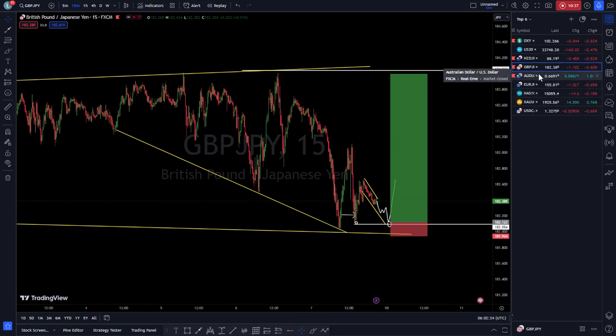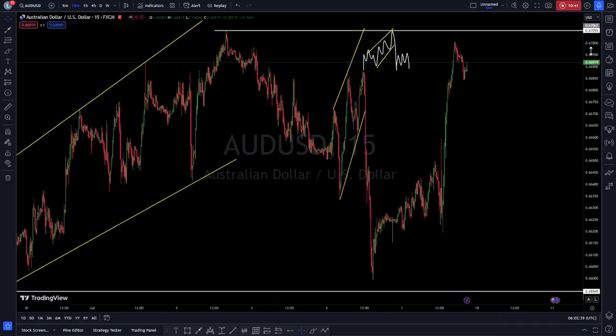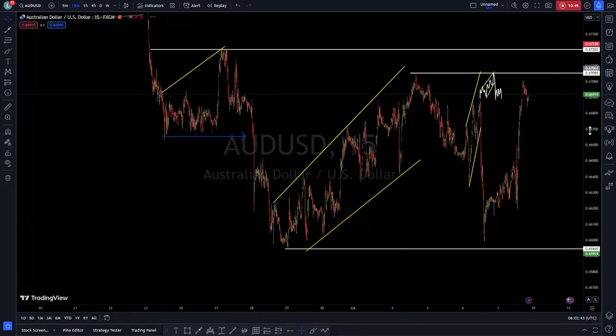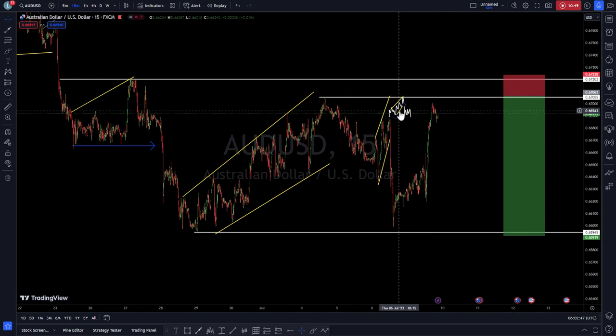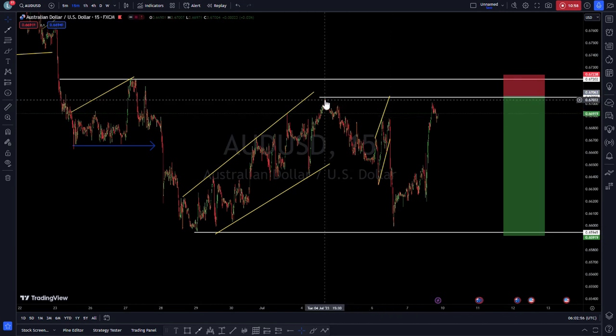So the last one I have on my list is AUDUSD. I haven't traded this pair because I made a forecast last week, and I actually forecasted a movement to this value area.